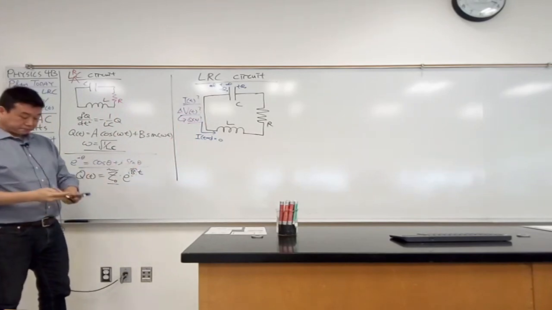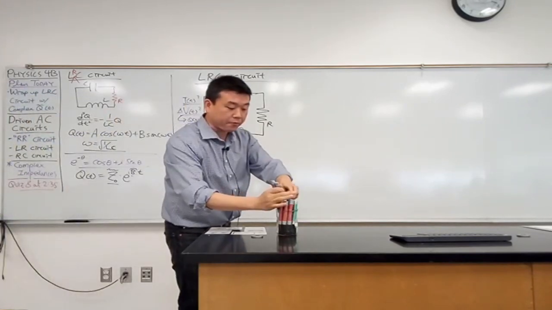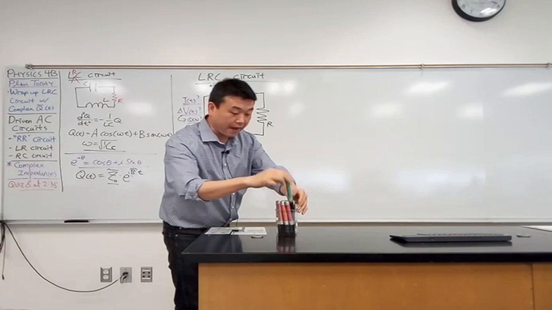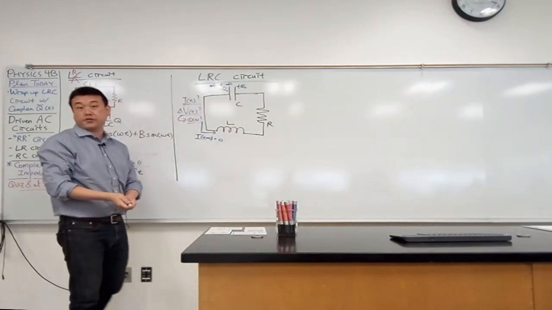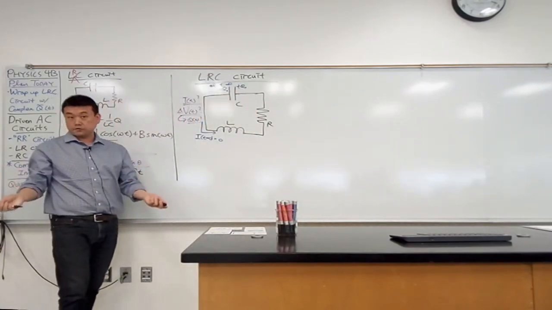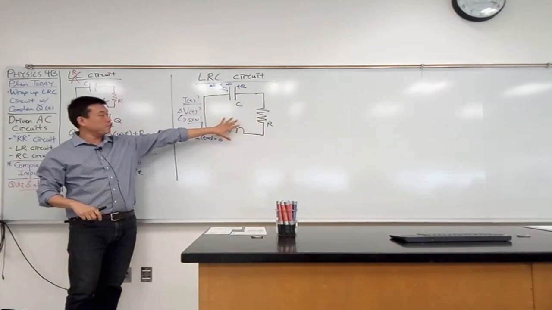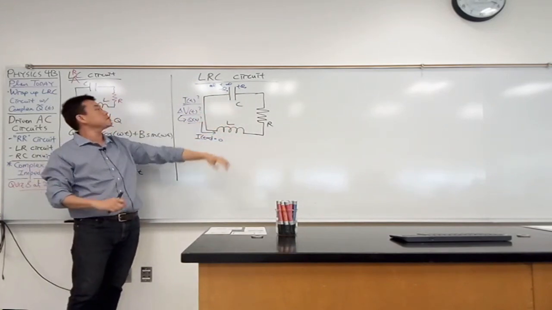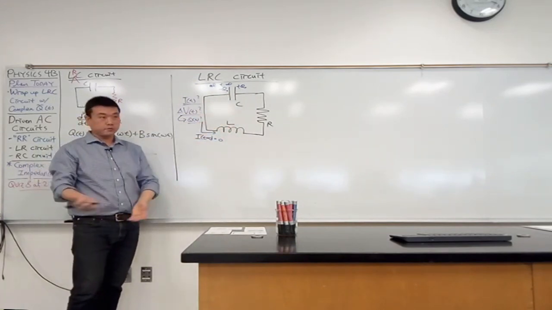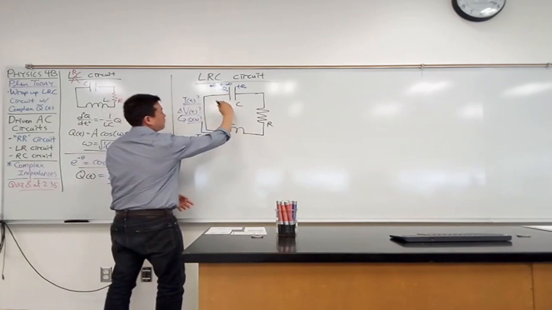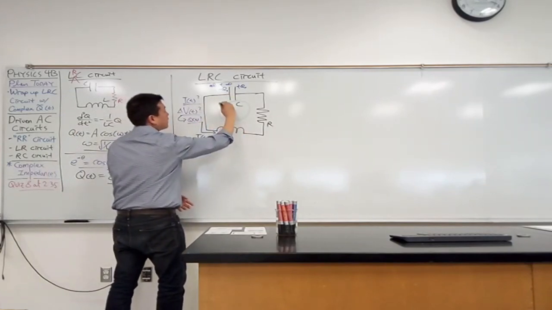Okay, so we are going to use the same approach that we use for every single circuit since the DC circuit days. We are going to use Kirchhoff's rules. This is a simple circuit with no non-trivial junctions, so we are just going to use the loop rule. We define this loop starting from here, going around this way.